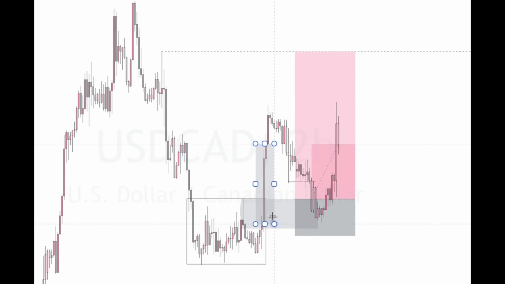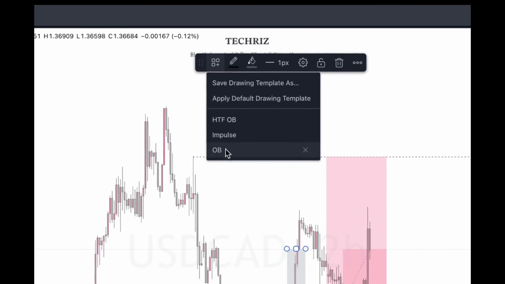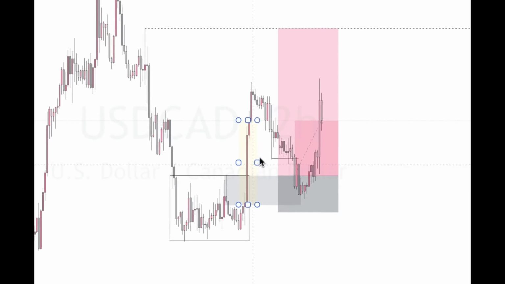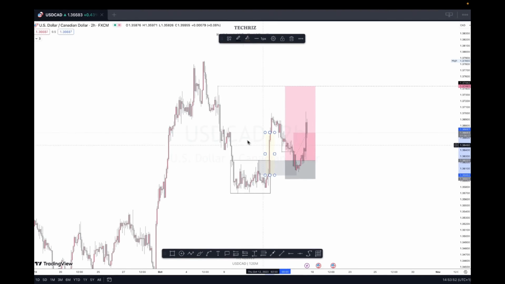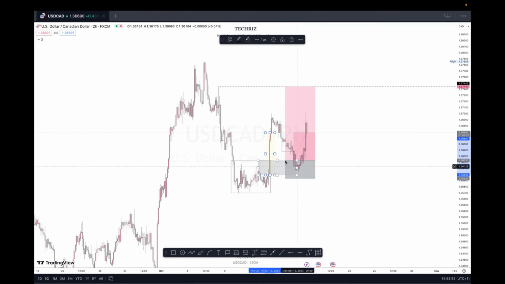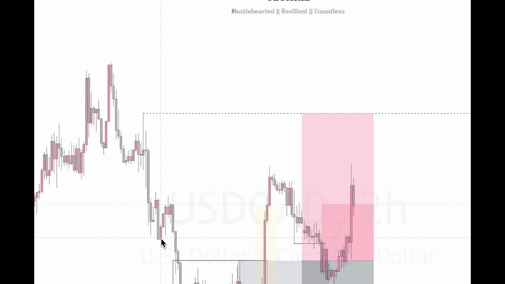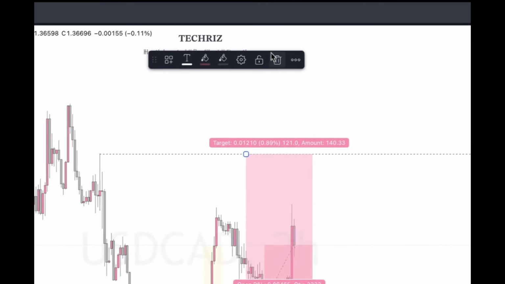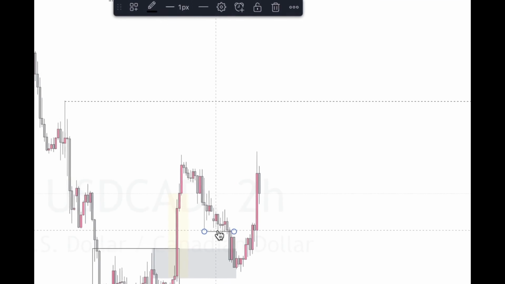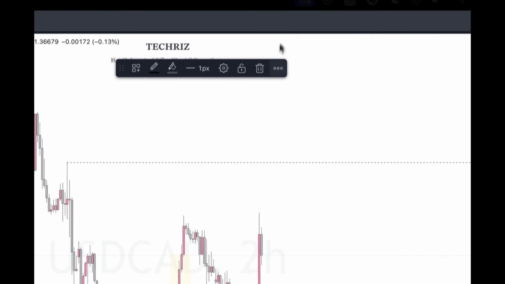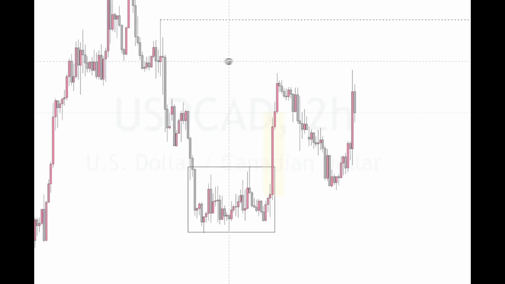Because this expansion happened here, change this to impulse, this yellow. Because you can see the expansion correctly, yeah? Let me clear this. You've seen the setup, right? You've seen the setup because I'm about to delete it, start afresh to show you how I actually framed this particular setup.